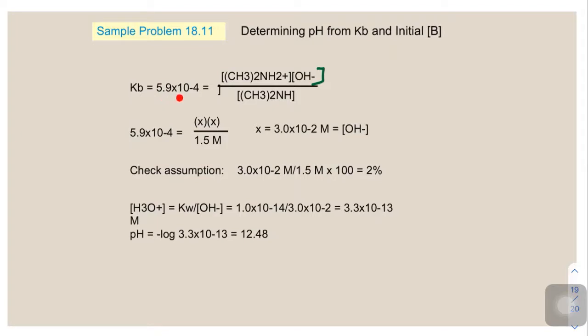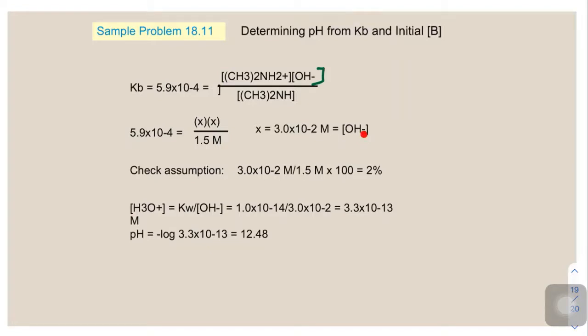It is equal to 5.9 times 10 to the negative 4. So we plug in the value, we make the assumption and neglect x, so that the Kb is equal to x squared over 1.5. Then we get x equal to 3 times 10 to the negative 2, and this is actually the concentration of the hydroxide.